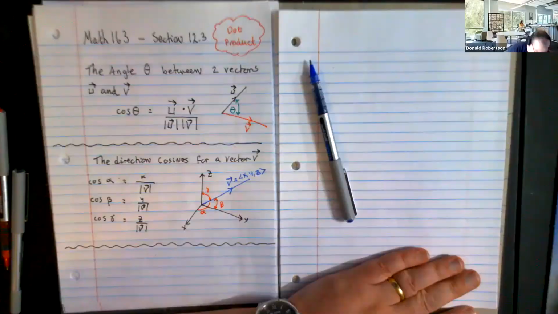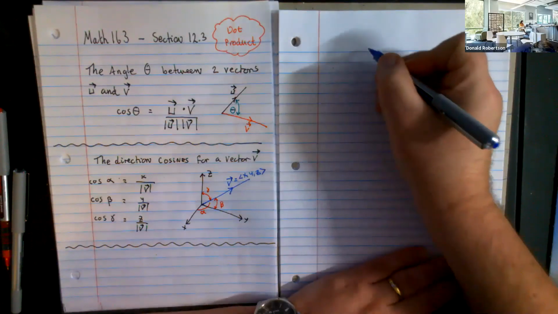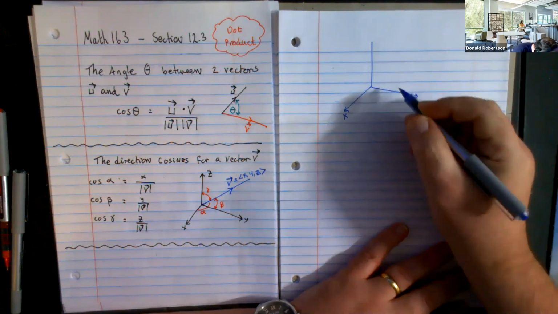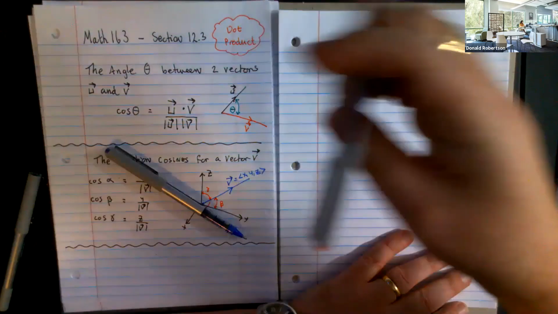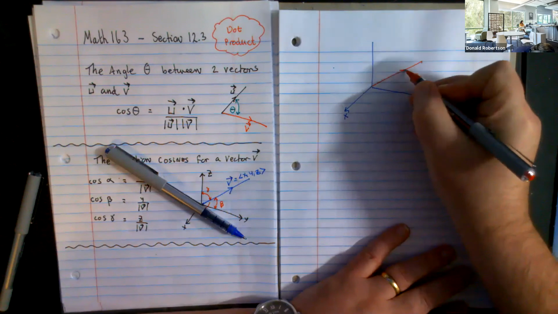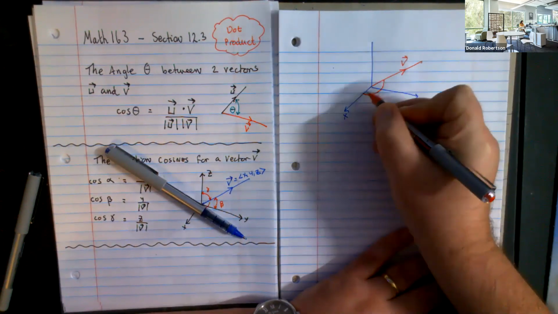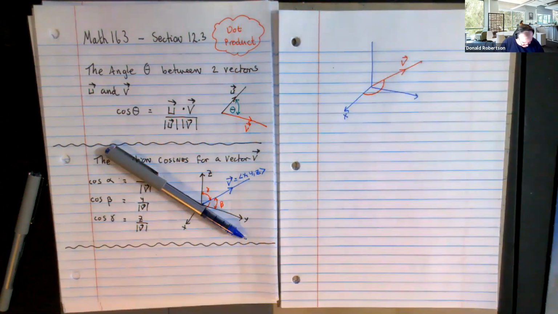I'll just try and prove it for the first one, right? So we've got the x-axis, and we have a vector v, which I'm going to draw kind of up here. And the angle that we're trying to find is the angle between the x-axis and the vector v. So far, so good?